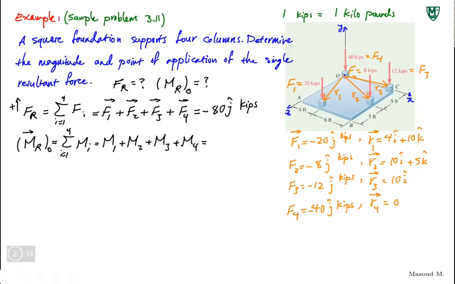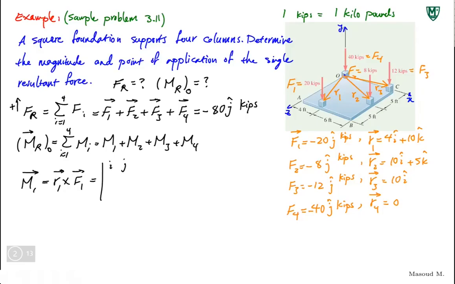Right. So now I'm ready to calculate M1, M2, M3, and M4. We do what we were doing before. Let me erase this part. Get rid of this. Now let's find these components one by one. M1 will be R1 cross F1. Do the cross product.